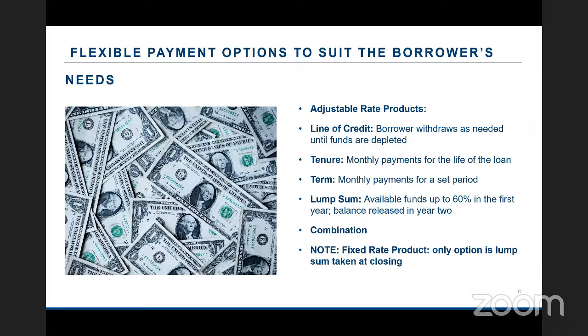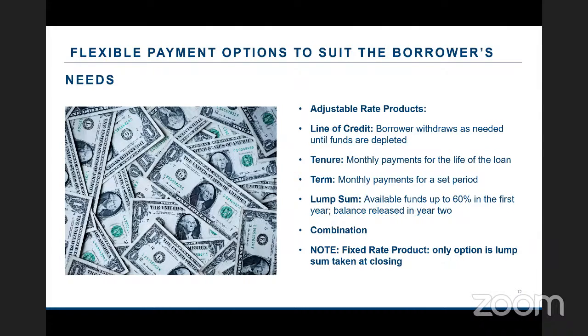The borrower can take a line of credit where they can withdraw the funds as needed to use for any purpose. There are tenure payments. Think of tenure like a professor, not 10-year, but tenure: monthly payments that run for the life of the loan, no matter how long the borrower lives in the property.